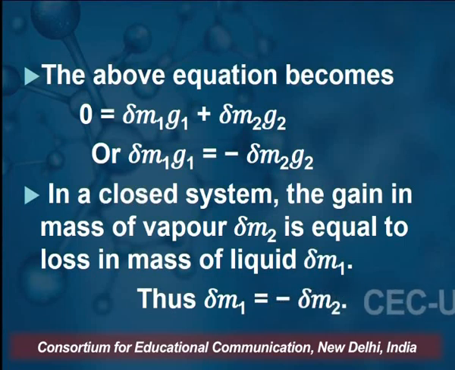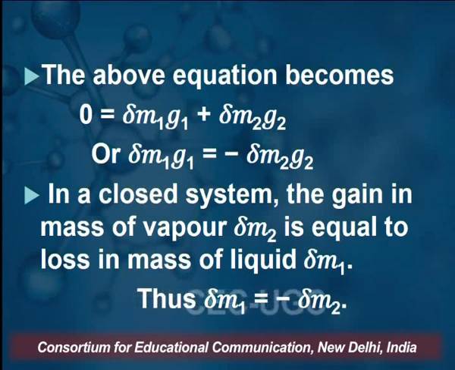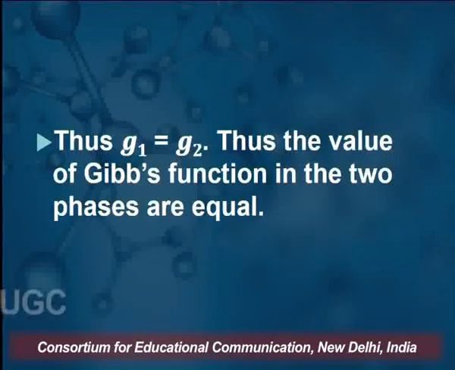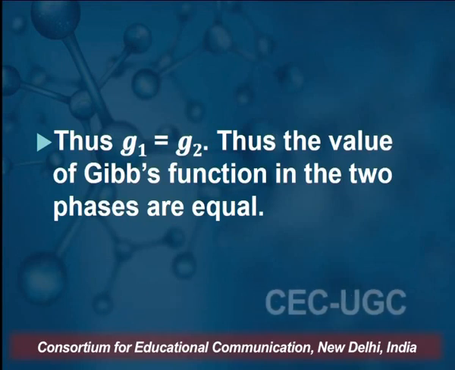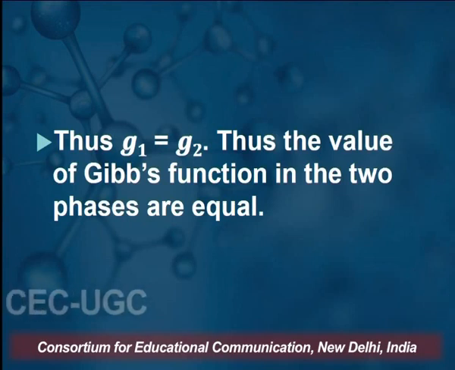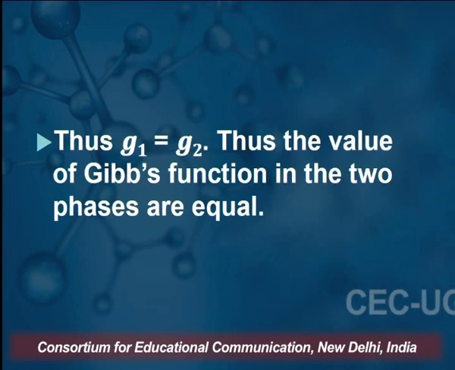Because the gain in one is going to be reflected by the decrease or the loss in the other. So we have delta m1 is equal to minus delta m2. Negative sign means loss. Gain of one means loss of the other. So we have put a negative sign here. Thus we get g1 is equal to g2, that is, the value of the Gibbs function in the two phases are equal. This is a very important property of the phase transition of the first order.